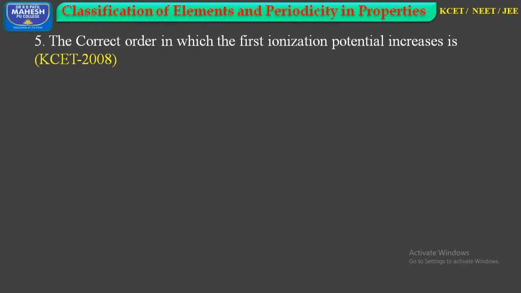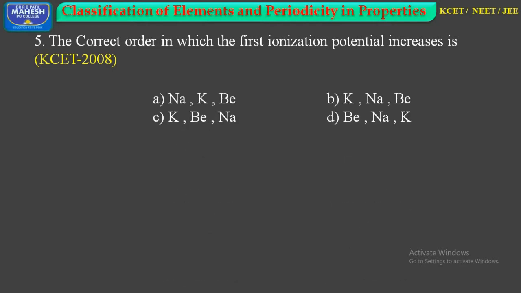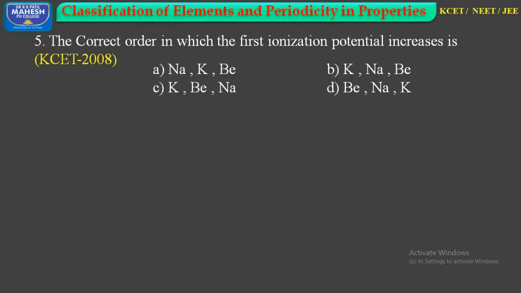The correct order in which the first ionization potential increases is option A, sodium, potassium, beryllium; option B, potassium, sodium, beryllium; option C, potassium, beryllium, sodium; or option D, beryllium, sodium and potassium. Students, let us first understand the meaning of first ionization potential.